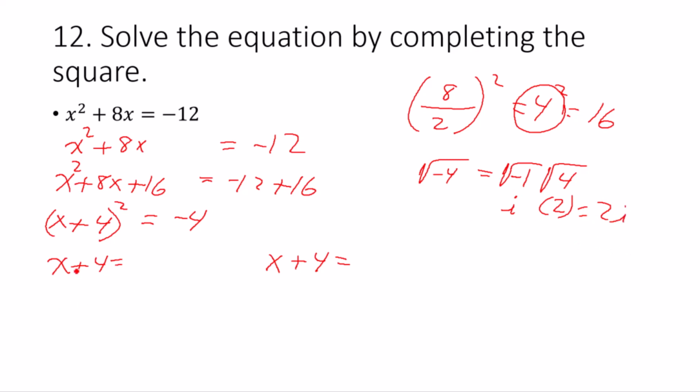So over here, we've got x plus 4 equals 2i. And immediately we can write minus 2i for the other one. Finishing up, we have x equals -4 plus 2i. And no big surprise, we'll get -4 minus 2i, and we've got our two solutions.